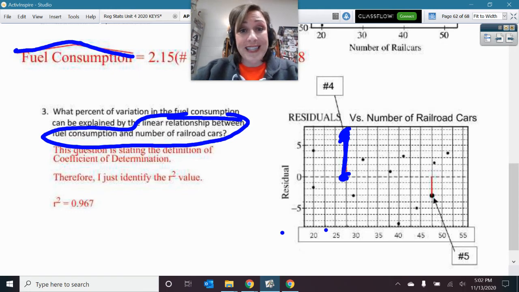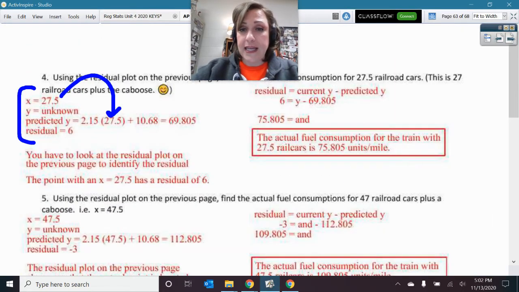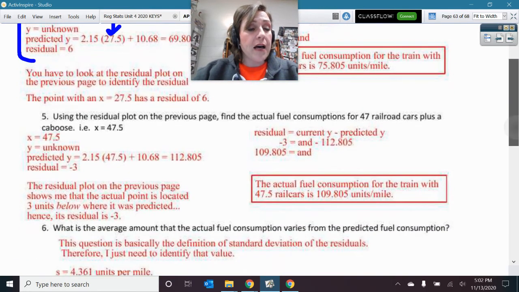The residual of 6 says that the actual fuel consumption was 6 above the fuel consumption that was predicted for 27 and a half railroad cars. Okay, so then that takes us to plugging in the information: residual equals y minus predicted y, and that's how you get your answer there.